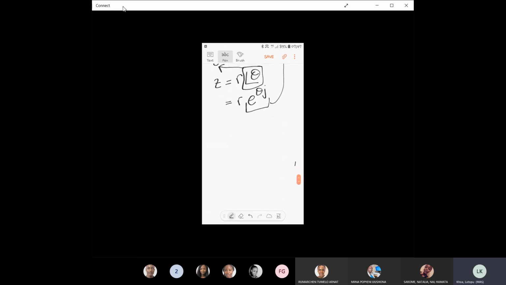Okay, and look at an example over here. Converting between polar and exponential form. So examples. Let's say we have a complex number z. This is 2, and that is 30 degrees over there. Now I need to convert this to exponential form.